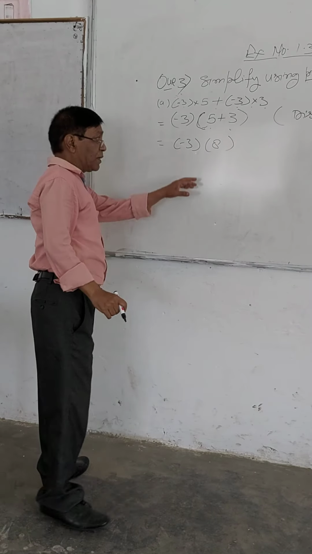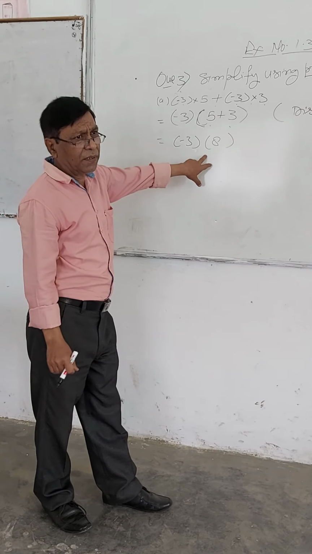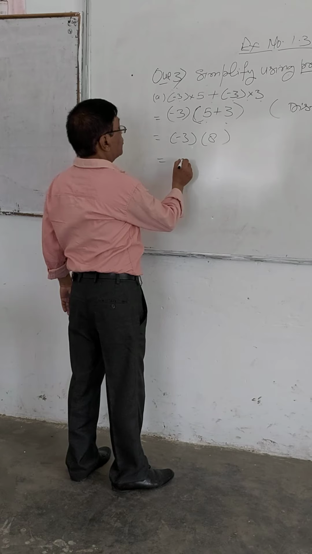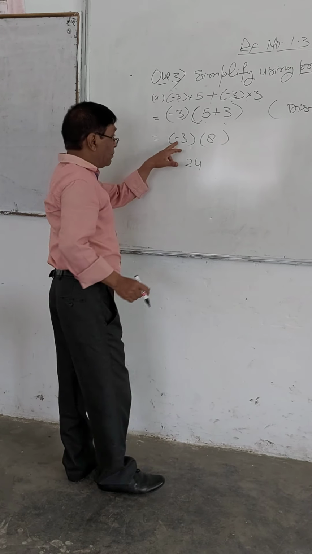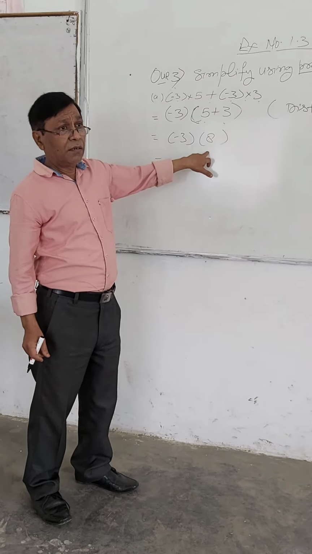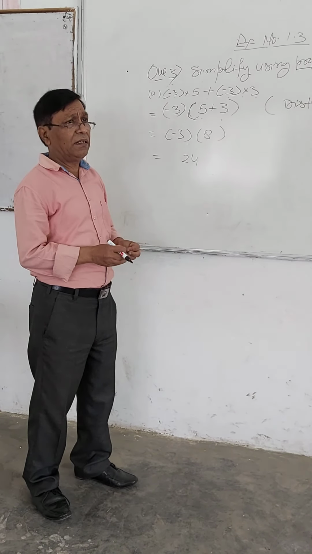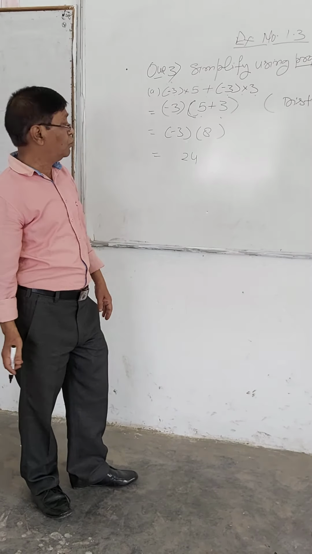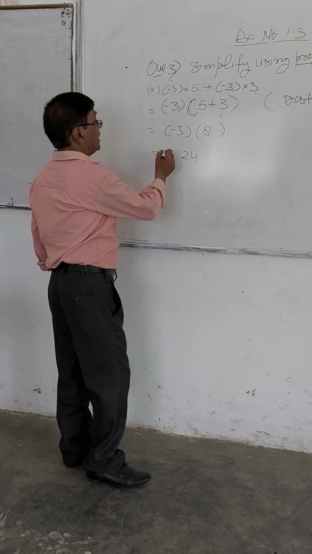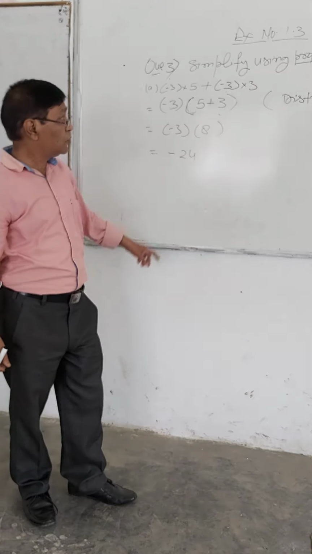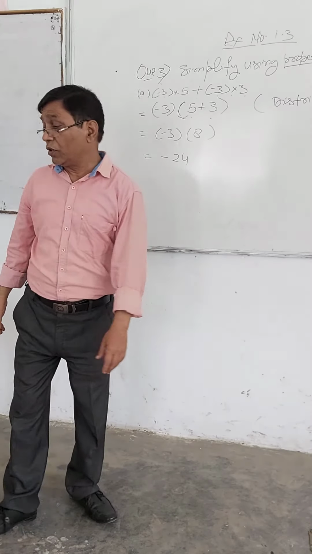Now this has become a normal multiplication question. So 8 into 3 will become 24, and one number is negative, another is positive. If the two have different signs, the multiplication of these two numbers will always be negative. Different sign negative, same sign positive. So the answer will become minus 24.